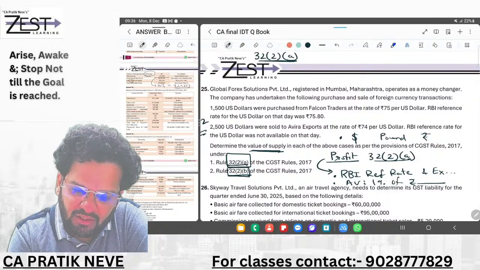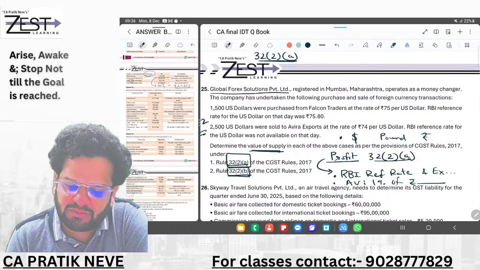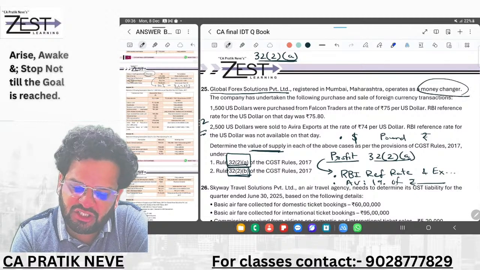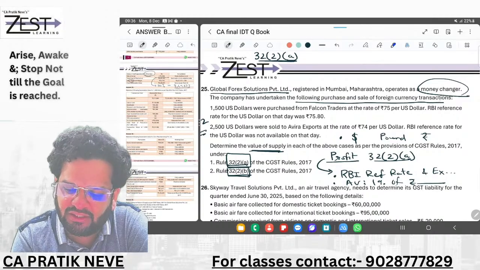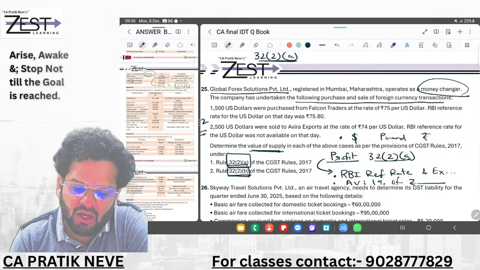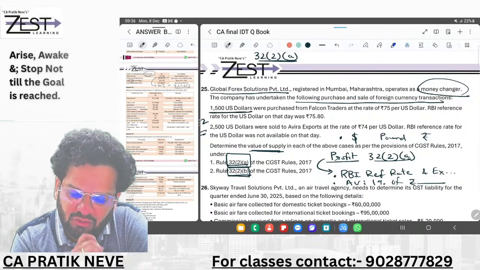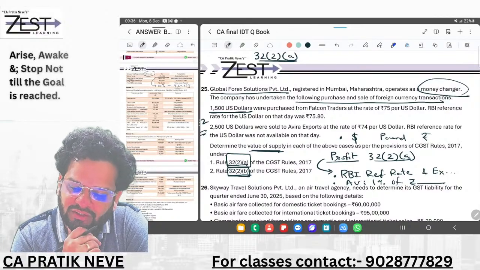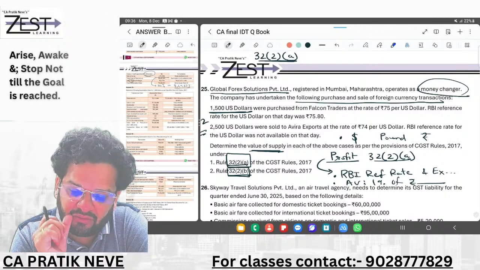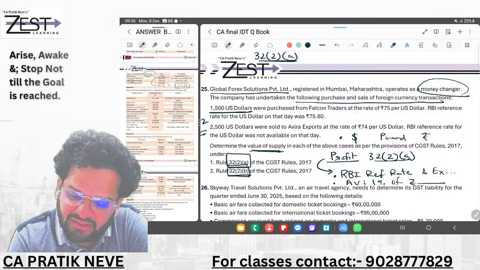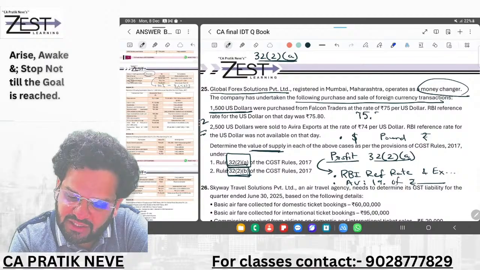See, Global Forex Solutions Private Limited, registered in Mumbai, operates as a money changer. The company has undertaken the following purchase and sale of foreign currency transactions. 1500 US dollars were purchased from Falcon Traders at the rate of 75, but the RBI reference rate is 75.8.